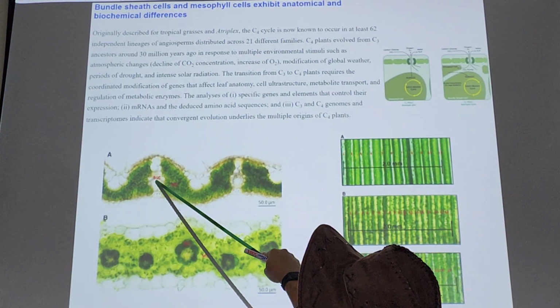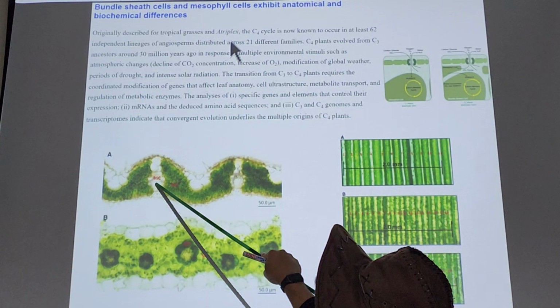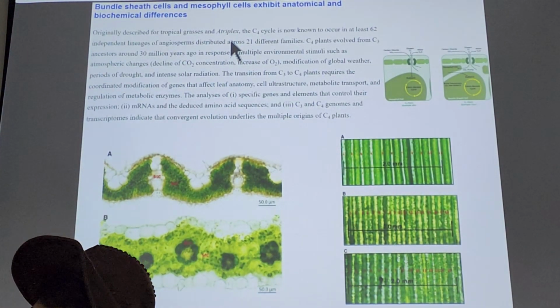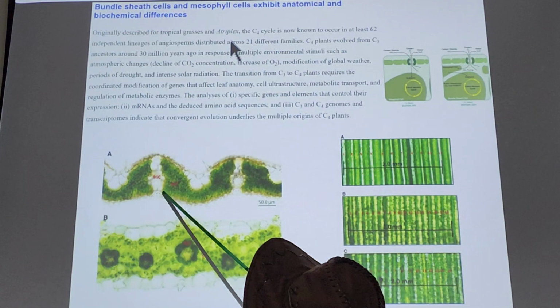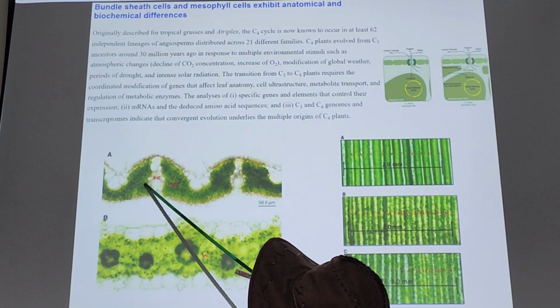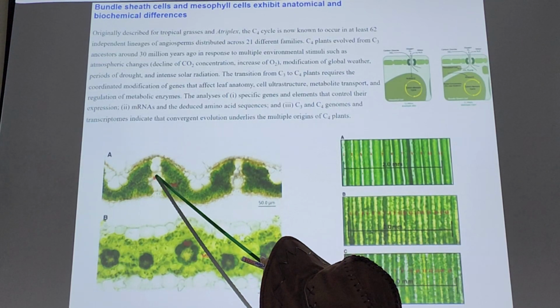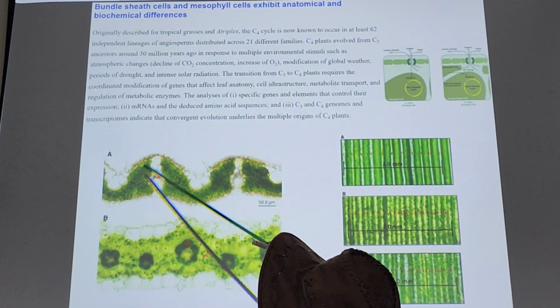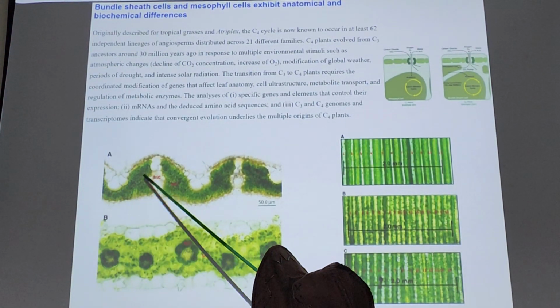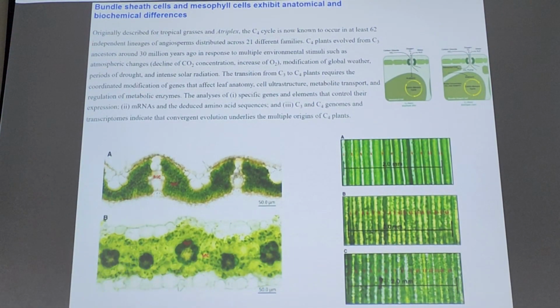You see here, the one in the middle, this is the vascular bundle, the vein. The concentric circle of cells here, swelling up, this is the bundle sheath cell. And the green part here, this is the mesophyll.